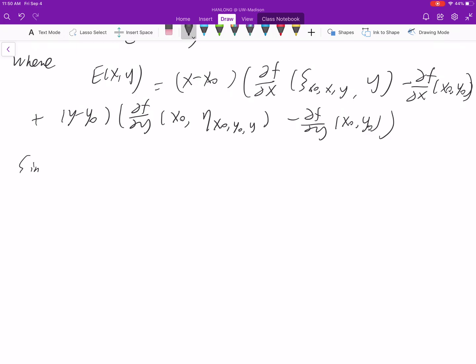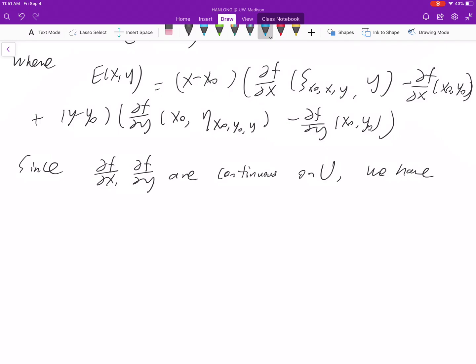So since partial f partial x and partial f partial y are continuous on U, we have this goes to the x derivative at (x0, y0), this goes to the y derivative at (x0, y0).